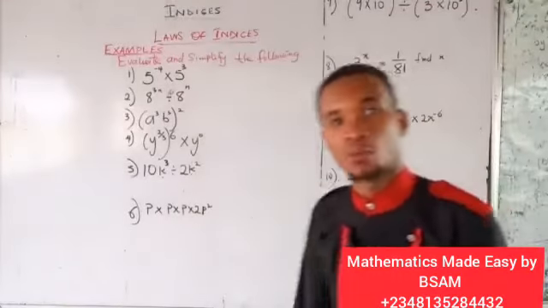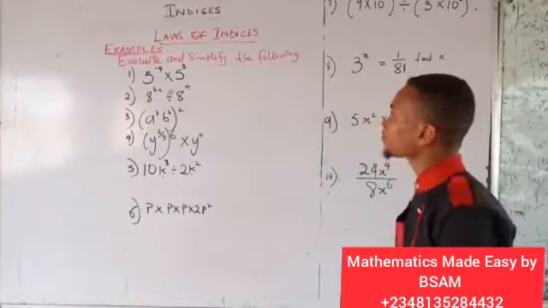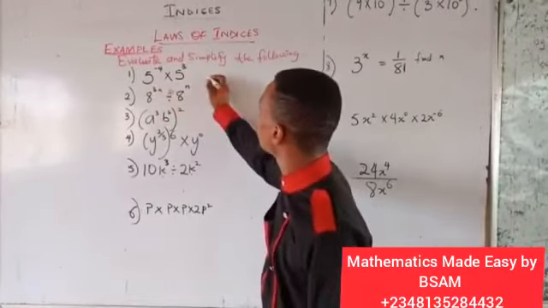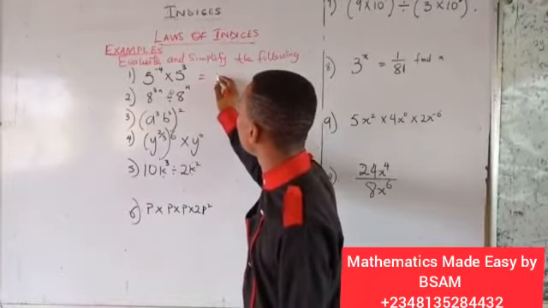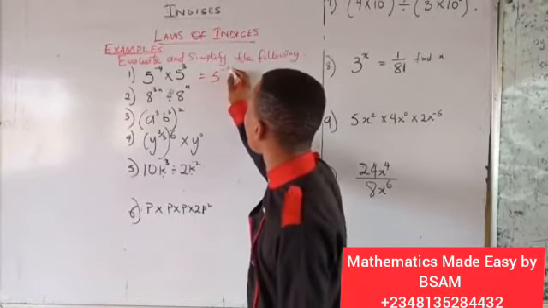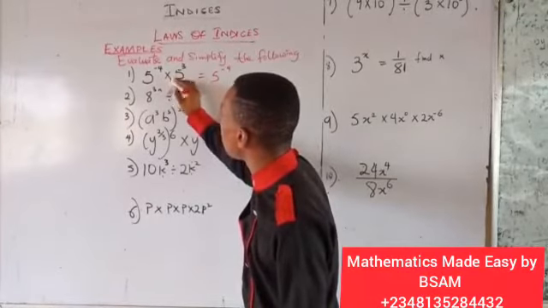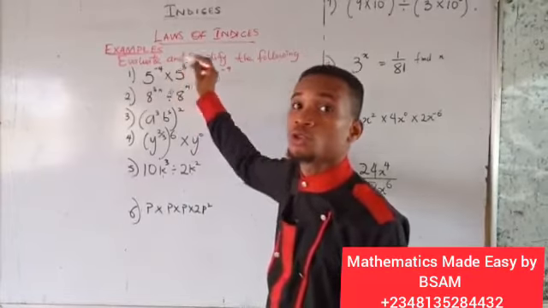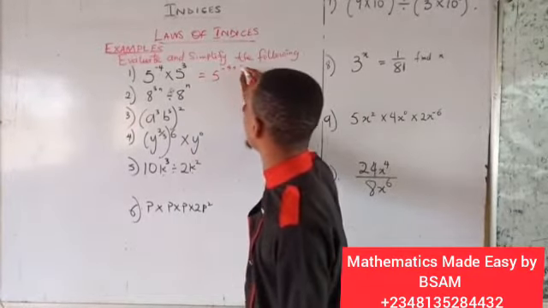So, some examples using the laws of indices. Here you can see question 1. It has the same base here, so you just need to pick one base out. Then you're going to have 5 raised to the power of minus 4, because from the multiplication law, this multiplication will change to addition, which is going to give you minus 4 plus 3.